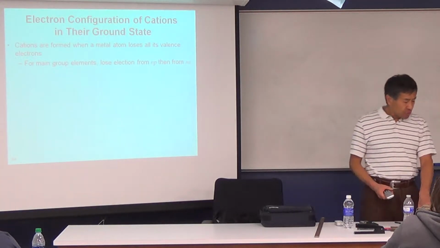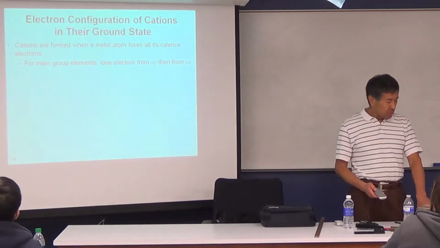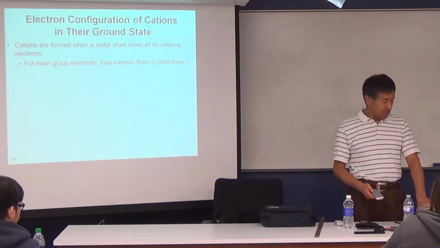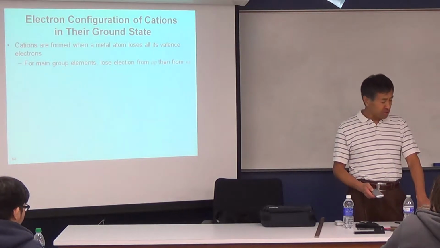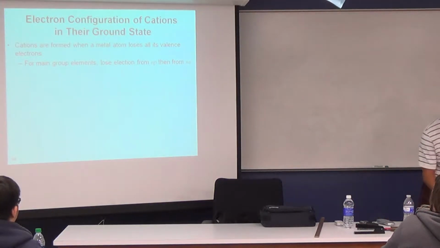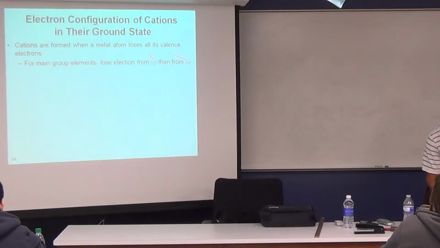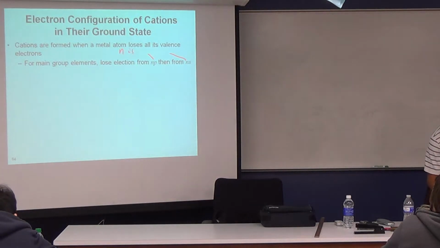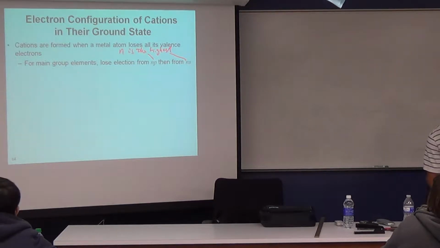For the group A elements, we lose electrons from the np first, then from the ns. Both of these are in the highest principal quantum number.